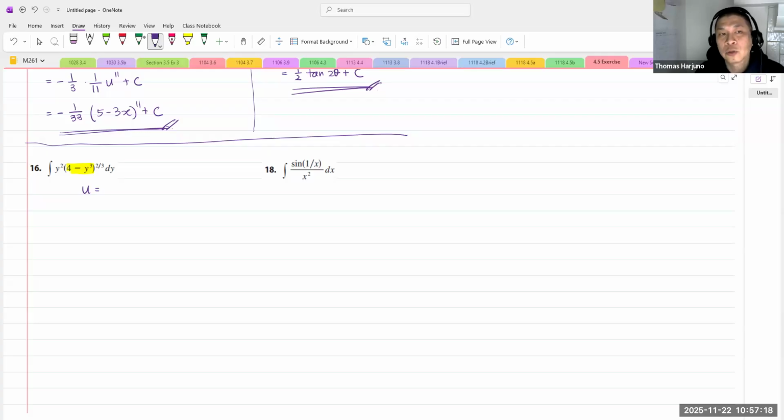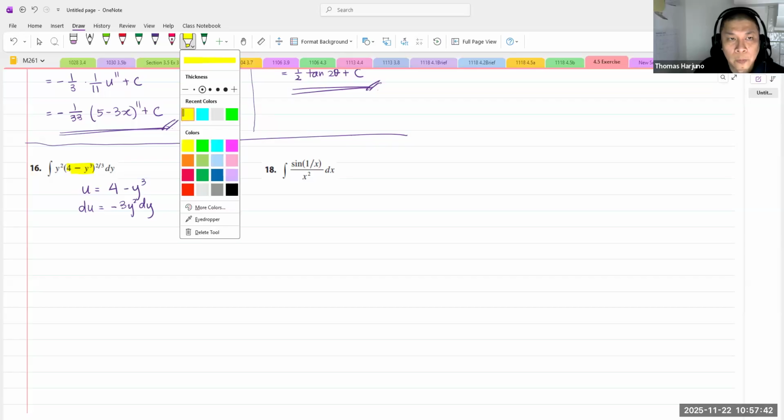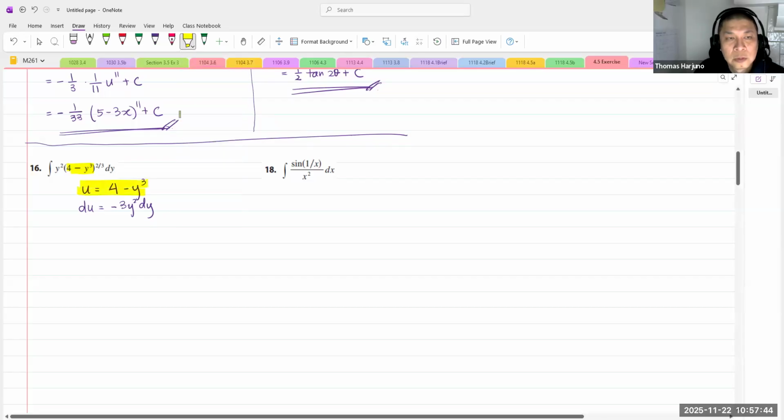But then it goes back to the principle. The principle is, if this ugly expression here can be substituted by reversing the chain rule, then the situation may actually be very doable.